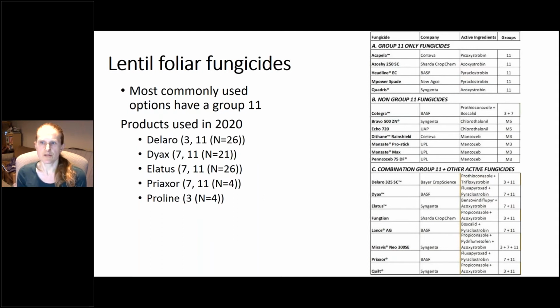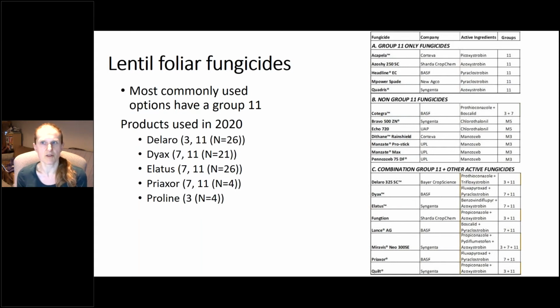And also 26 fields had the fungicide Elatis applied, which also has a group 11. So you can see from this that not only are there a lot of fungicides that contain group 11s, and limited options of those that don't, but the fungicides that people choose to use almost all contained a group 11.